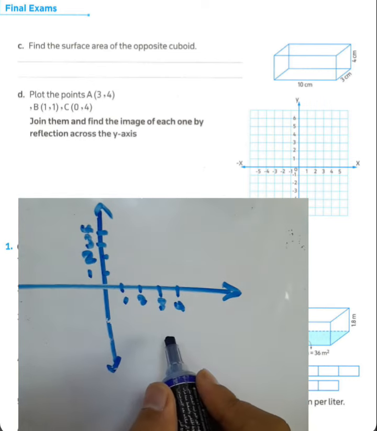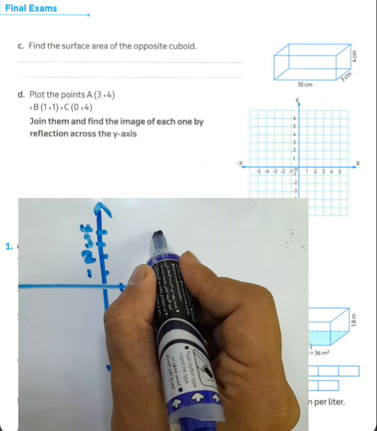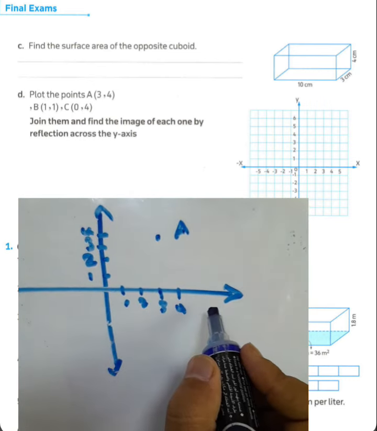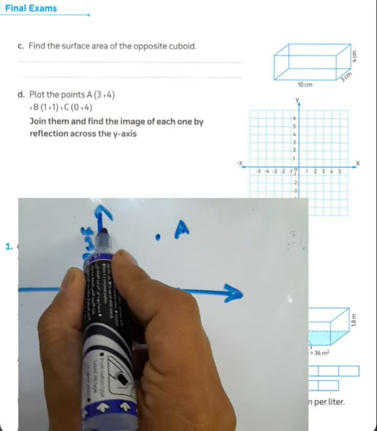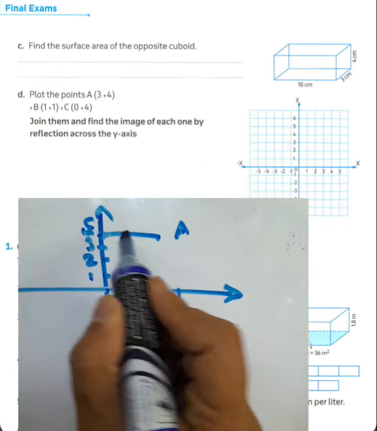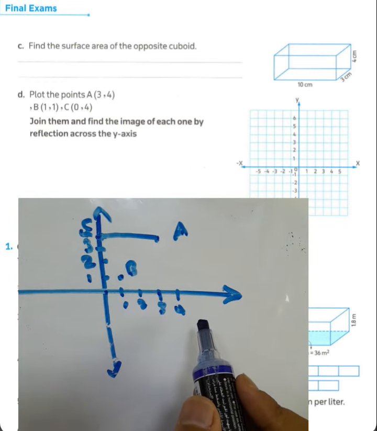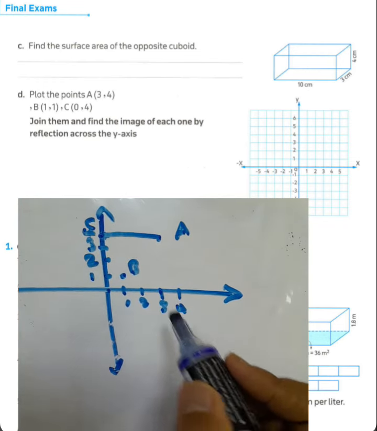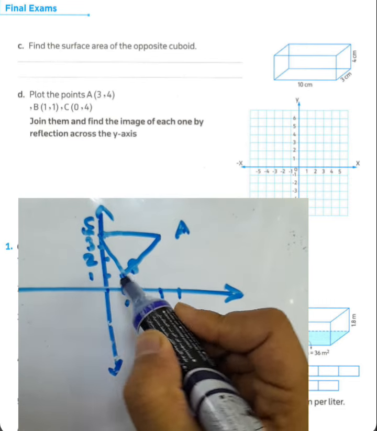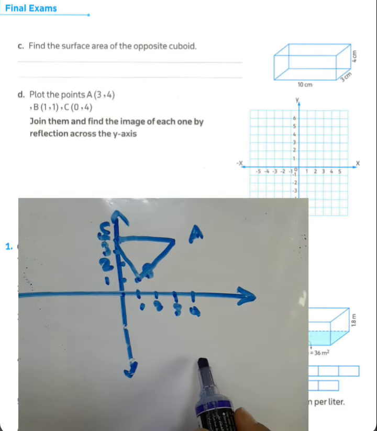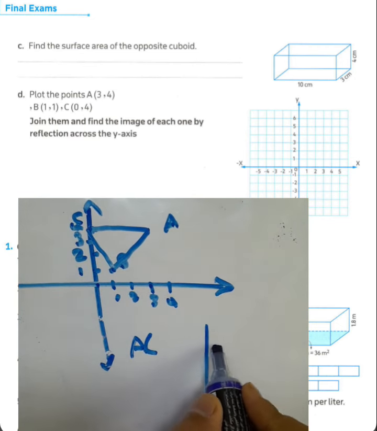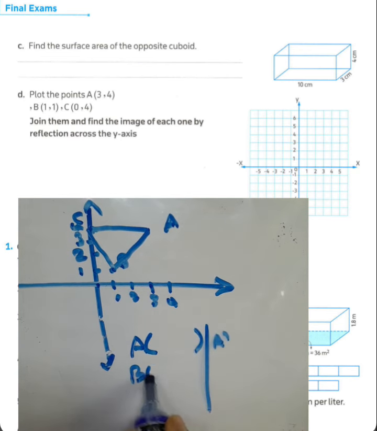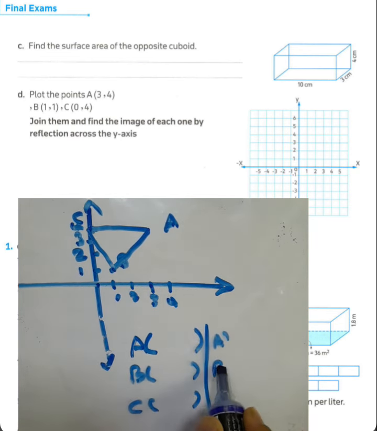First point A is 3 and 4, 3 and 4 here, it's point A, and second B is 1 and 1, and third C is 0 and 4, here it's point C. Then I will join the 3 points here in order. The image is the reflection across the y-axis. We can find the points A dash, B dash and C dash.